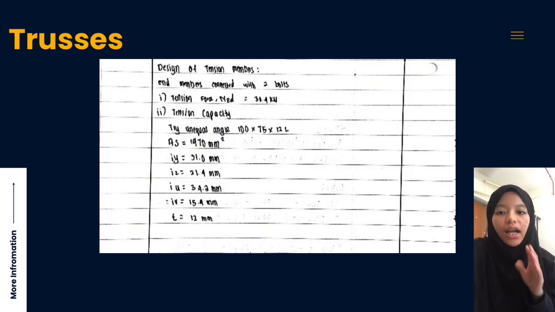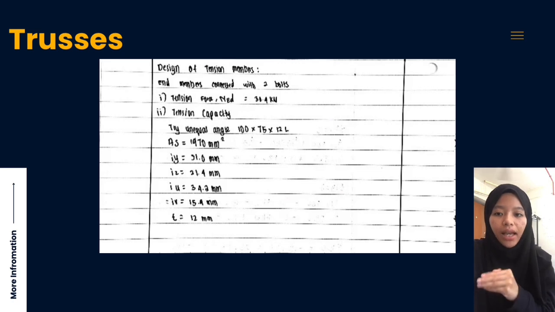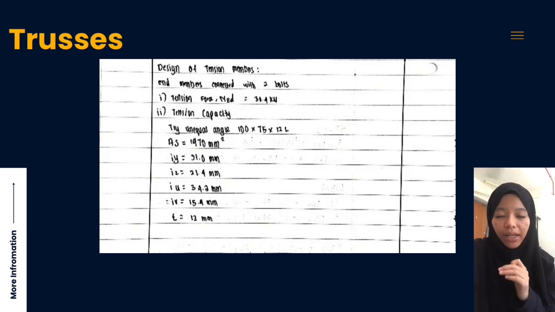The chosen equal angle is 100 multiplied by 75 multiplied by 12 length. As you can see, AS equals 1970 millimeter square, IY equals 31.0 millimeter, IZ equals 21.4 millimeter, IU equals 34.2 millimeter, IV equals 15.9 millimeter, and the last one is T equals 12 millimeter.